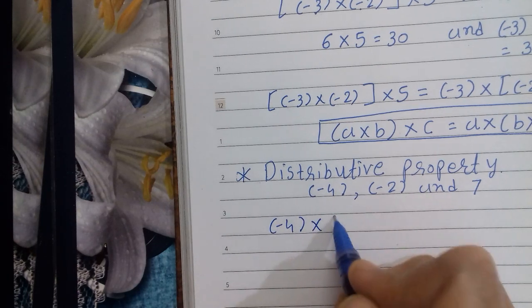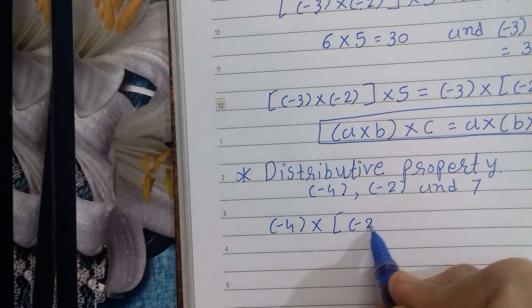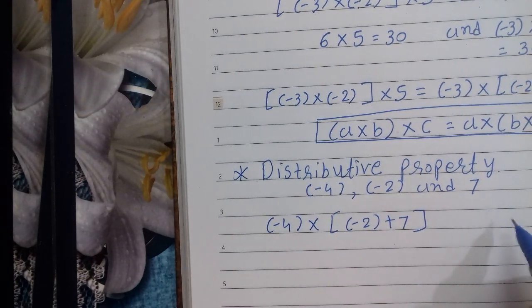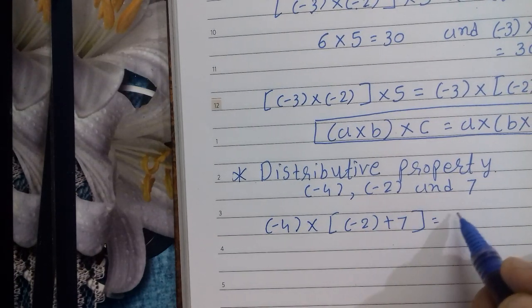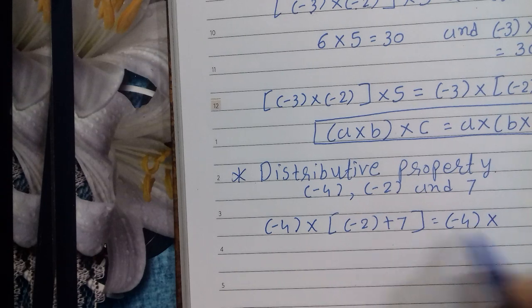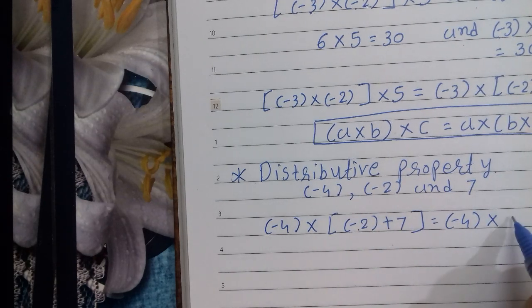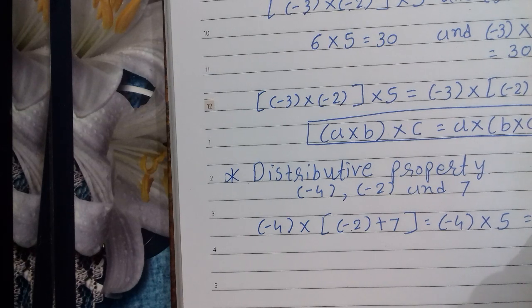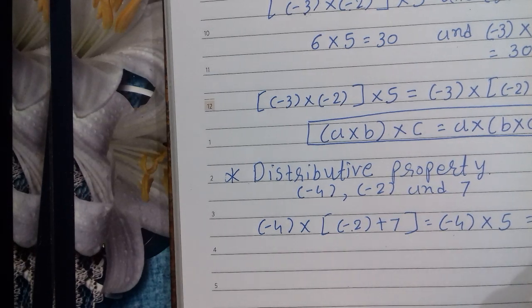Minus 4 multiplied by in bracket minus 2 plus 7 is equal to, first we will simplify this bracket, minus 2 plus 7 is 5, so the answer is minus 20. The product of minus 4 and 5 is minus 20.